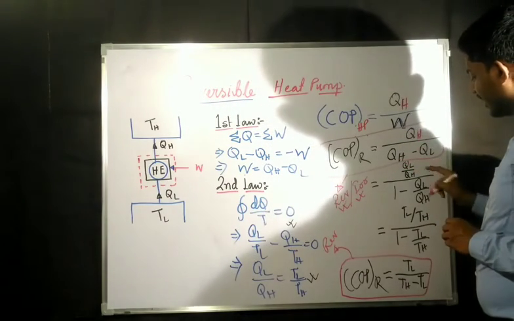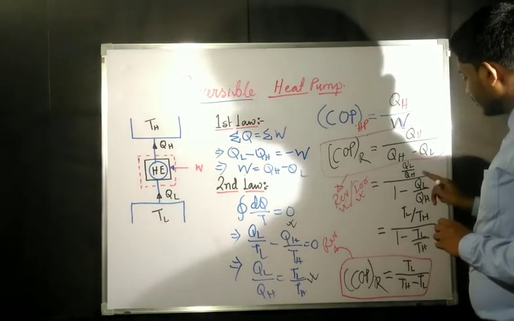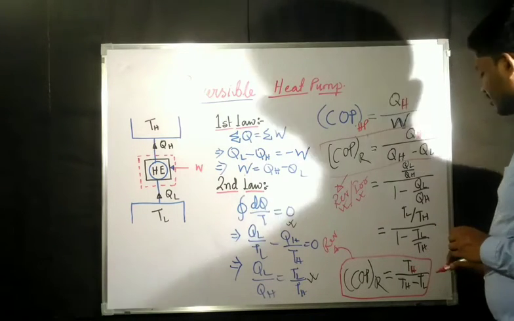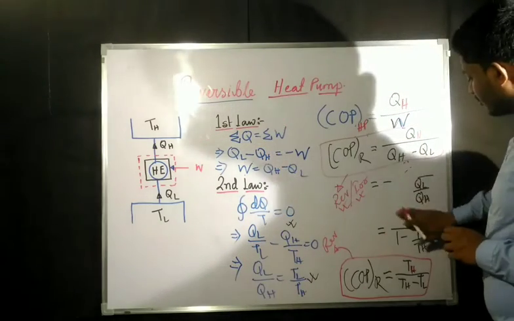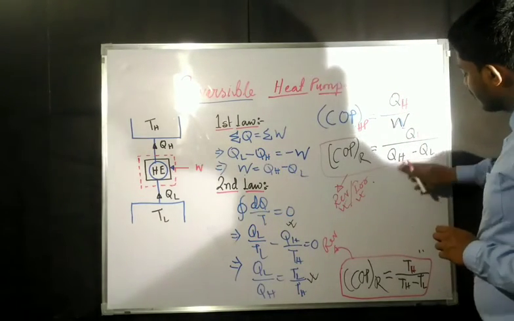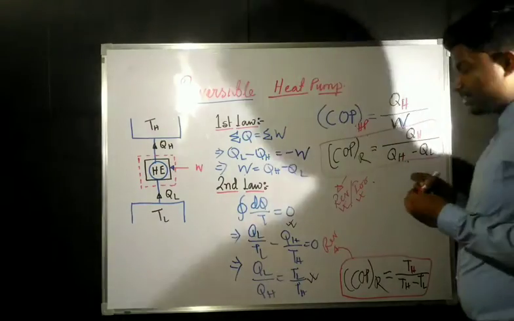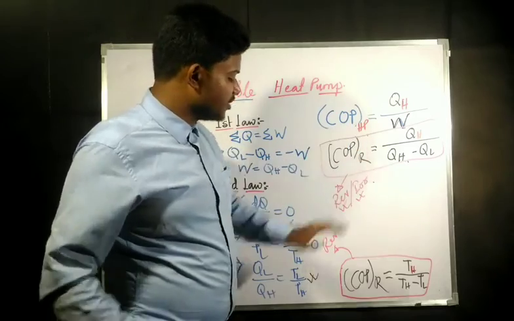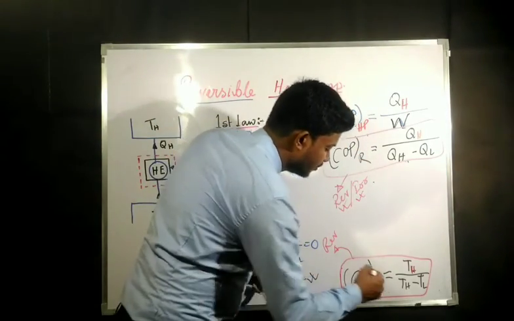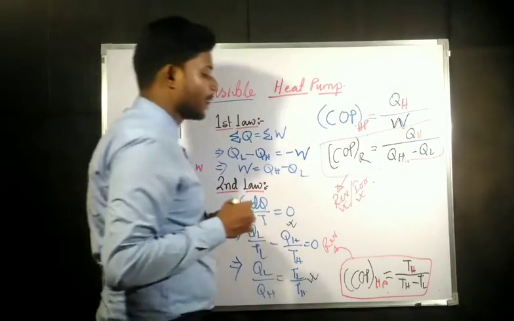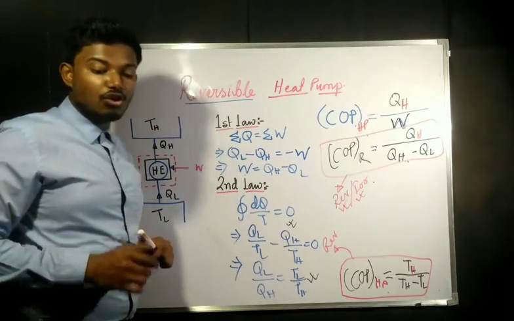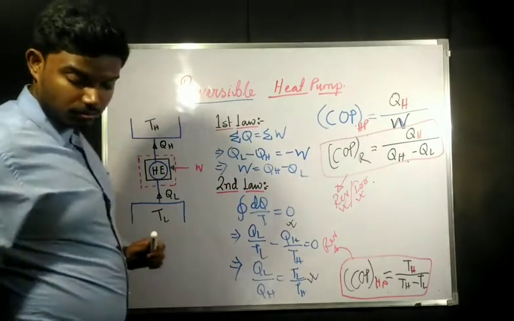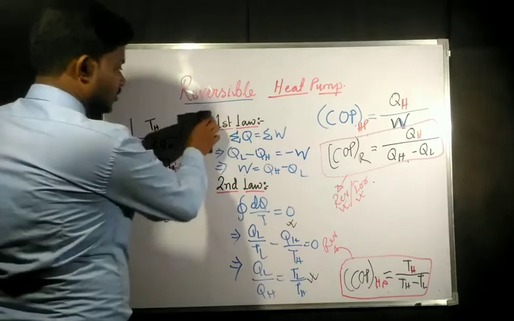Now if you do it like this, similarly you will get the final expression as TH over (TH minus TL). This may not be the same as before, but you can say that this is the coefficient of performance for the heat pump. Now, let us rub this.